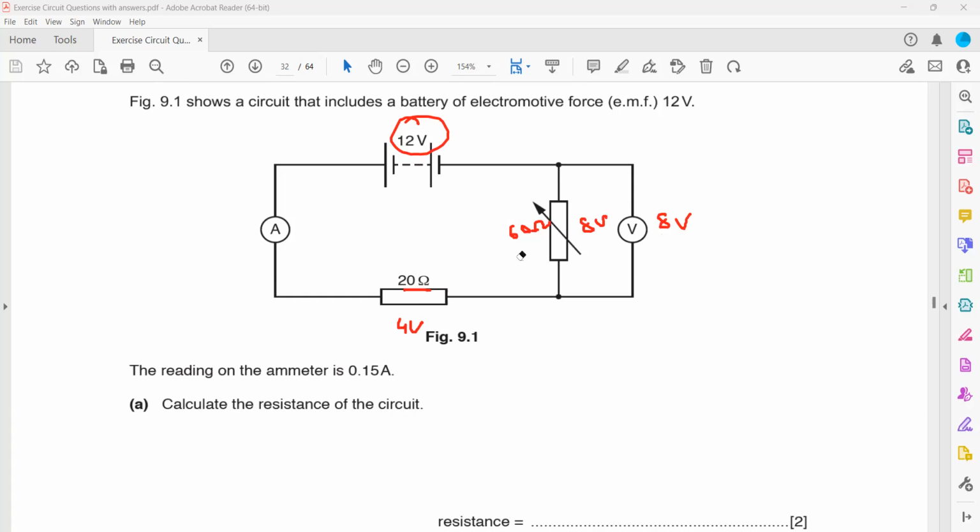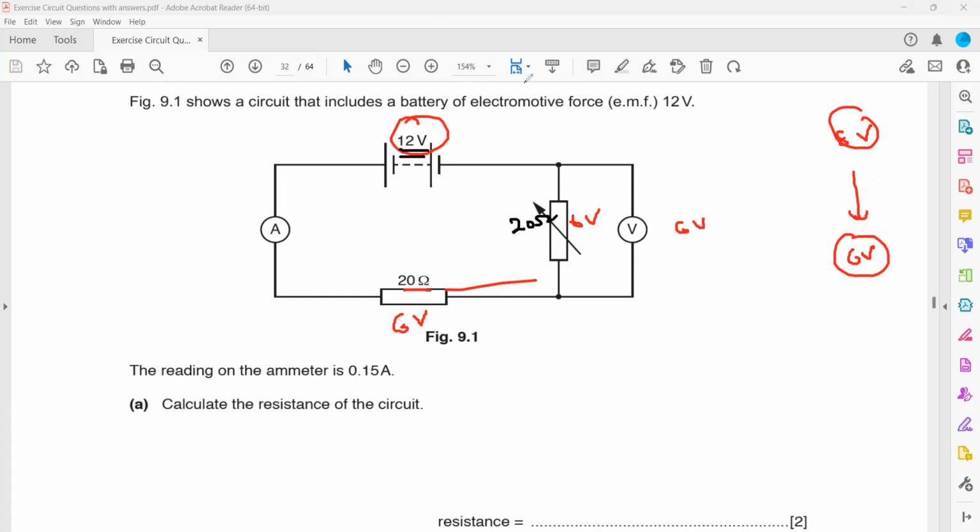But now what happened? We reduce the resistance, for example to 20. Now they have equal resistance. So out of 12, 6 volts will be here and 6 volts will be here. What has happened to the reading of the voltmeter? Originally it was 8, but now it has reduced to 6.